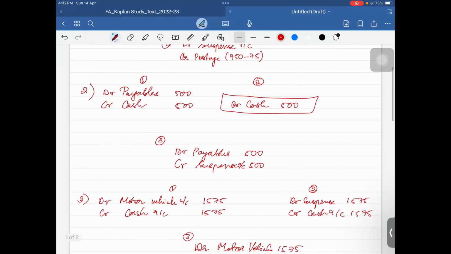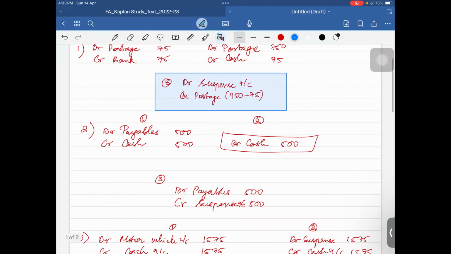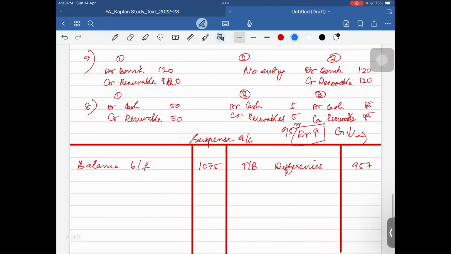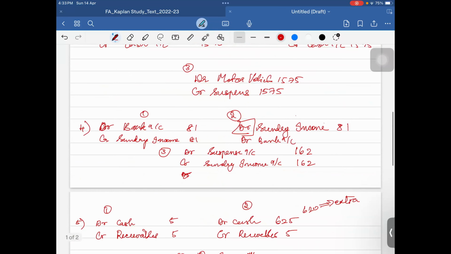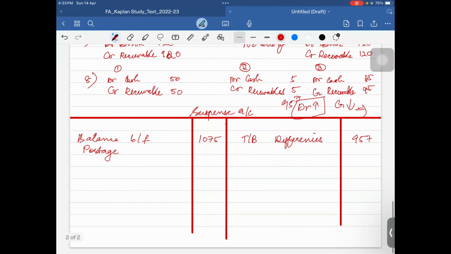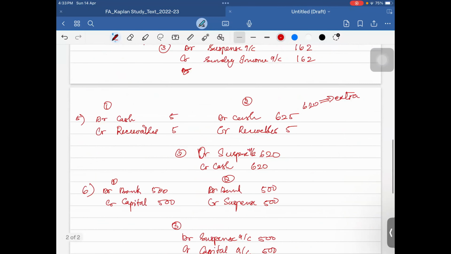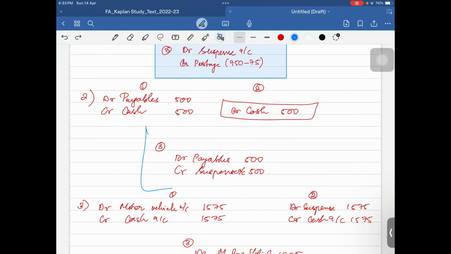Okay. Now, you're going to take each thing. First, this one. Suspense on the debit side. So postage is also on the debit side. Clear? How much is it? 675. Clear? Second one, suspense is on the credit side.